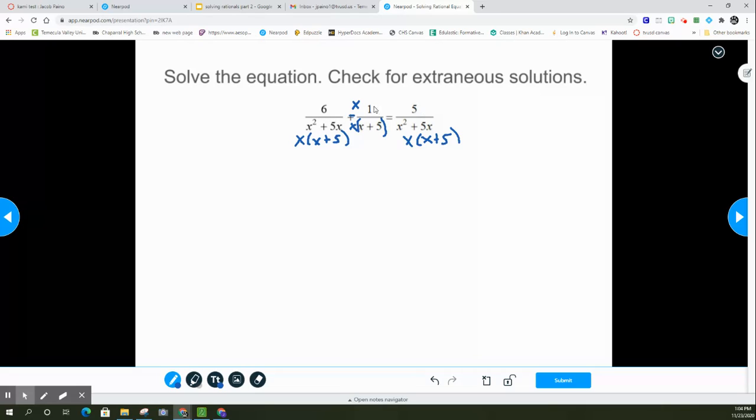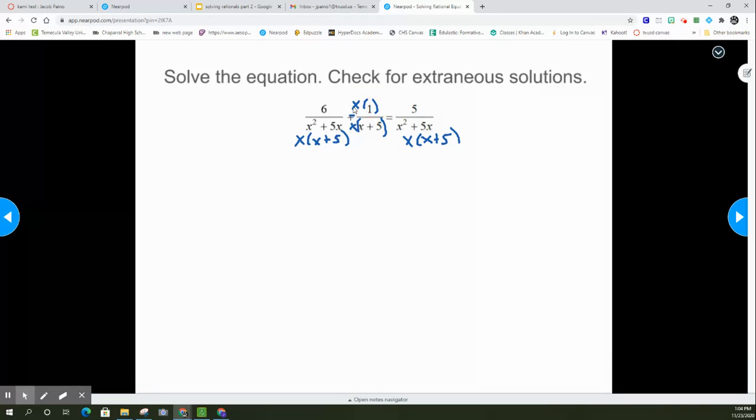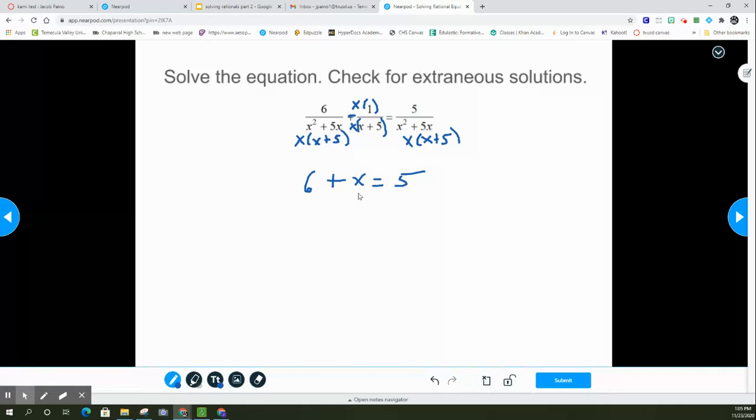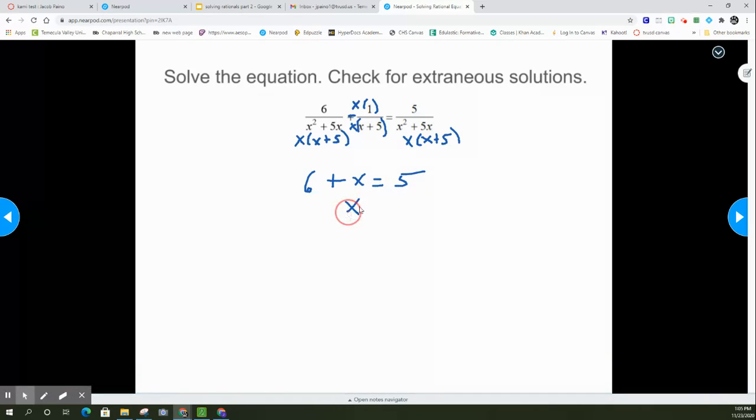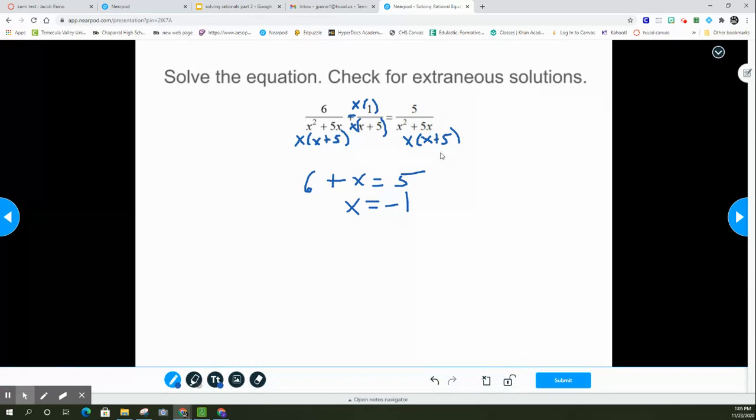So all I have is the top here. Just make sure you multiply this x times that. So you get 6 plus x equals 5. Now subtract 6 and you get x equals negative 1. Again, it's not a 0 or a negative 5, so it's not extraneous.